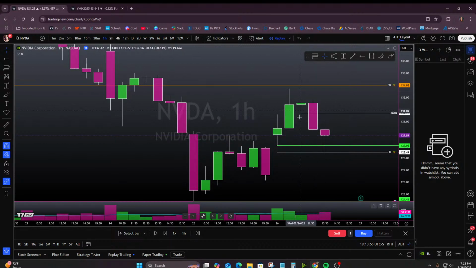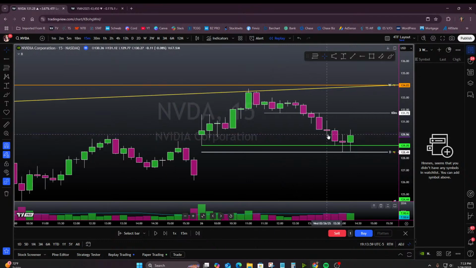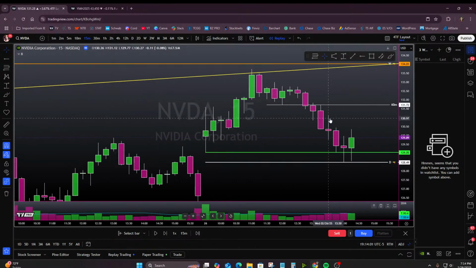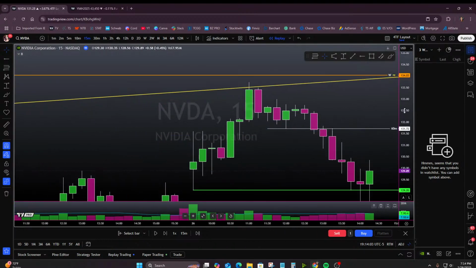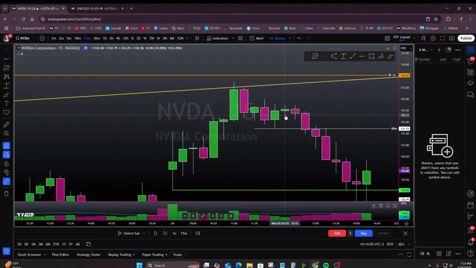Okay, so let's say you have a 60-minute inside bar. You can look for actionable signals that will trigger it on a smaller time frame. So here's your 60-minute, it's closed.